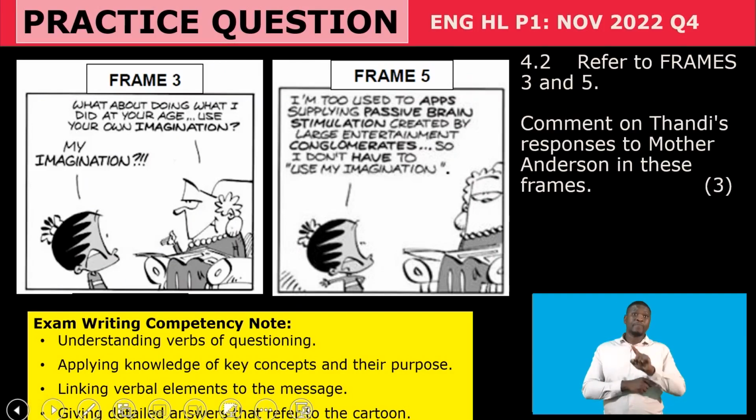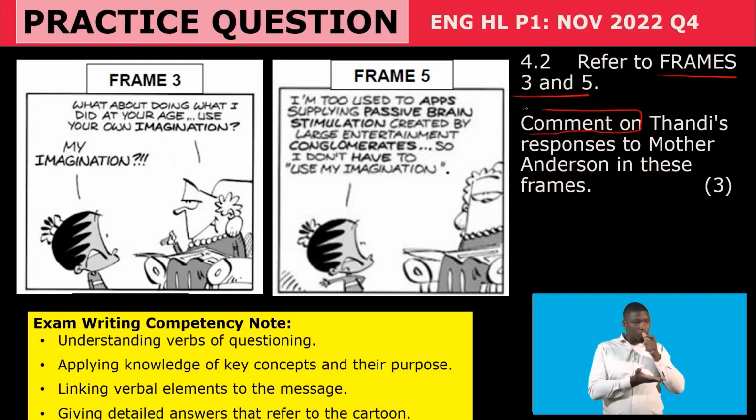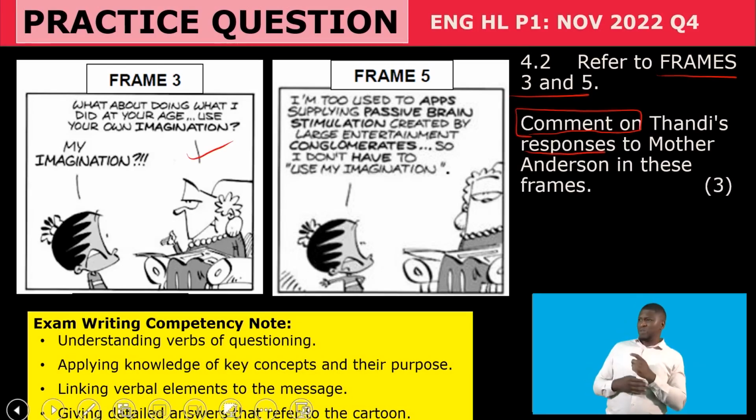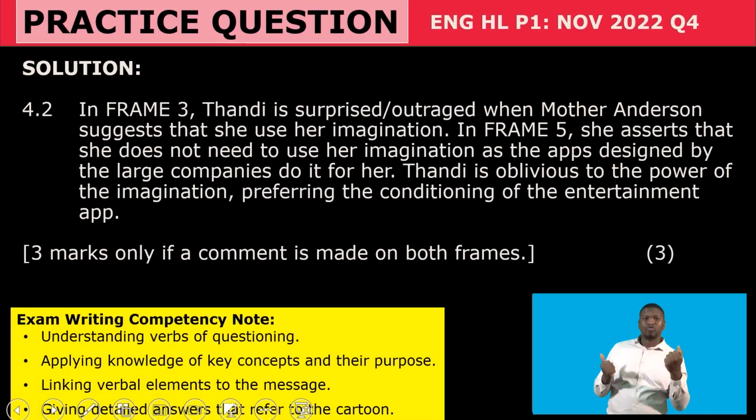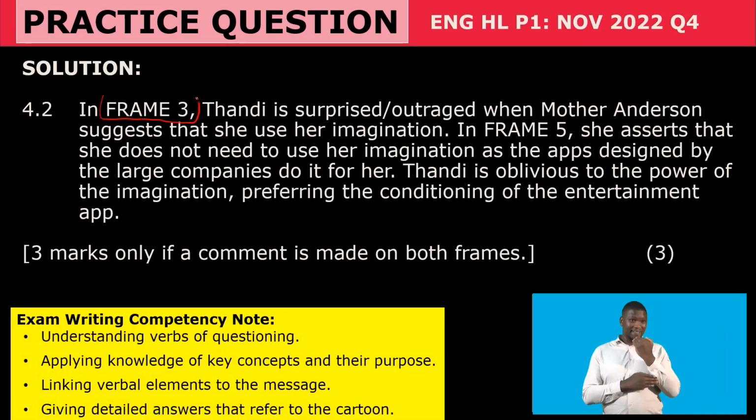Then 4.2, refer to frames 3 and 5. Both frames, grade 12. Comment on is my verb of questioning, Thandi's responses to Mother Anderson. So it's the idea that she's shocked about using her imagination. So in frame 3, be very specific in your answer. Thandi is surprised or even outraged when Mother Anderson suggests that she use her imagination.